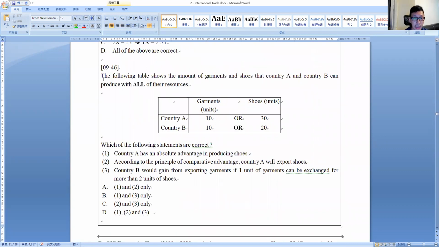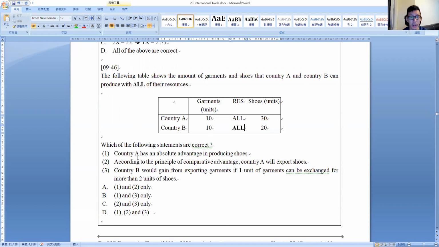Okay, next question. The following table shows the amount that can be produced if all the resources are used. Remember to be careful: when they say all, don't read it as one, it means all resources. When it says all, you need to be very careful with absolute advantage.